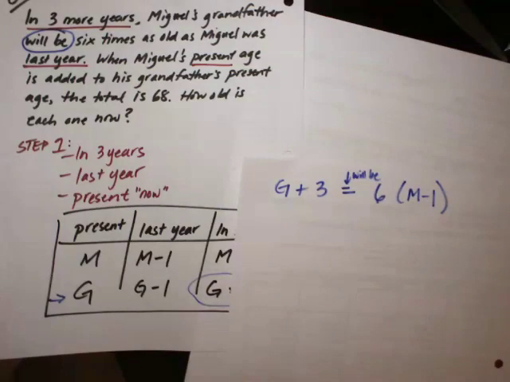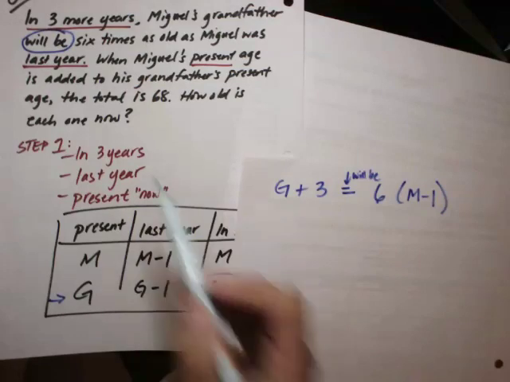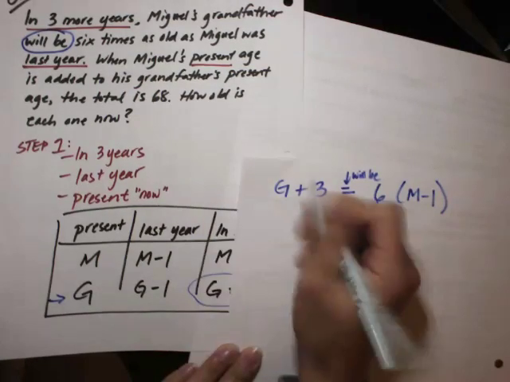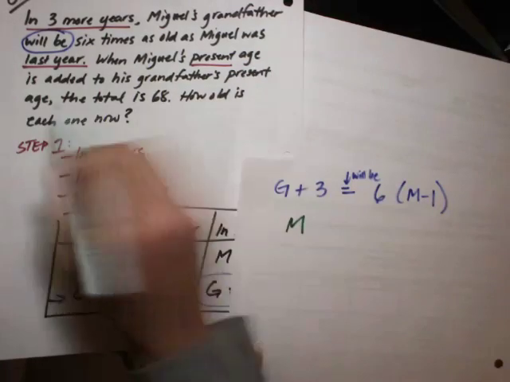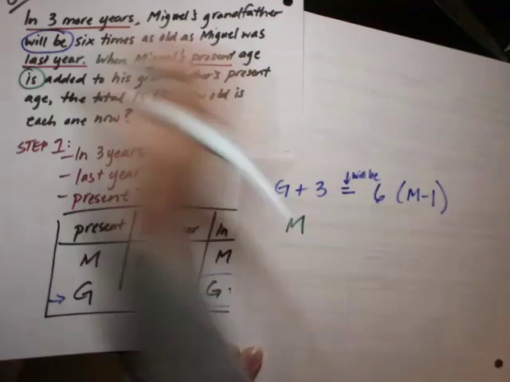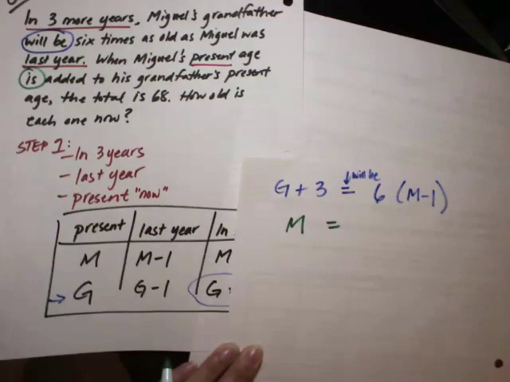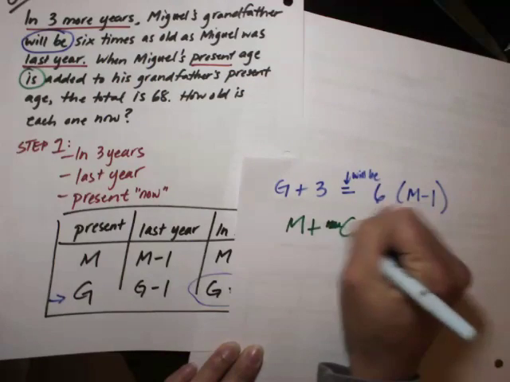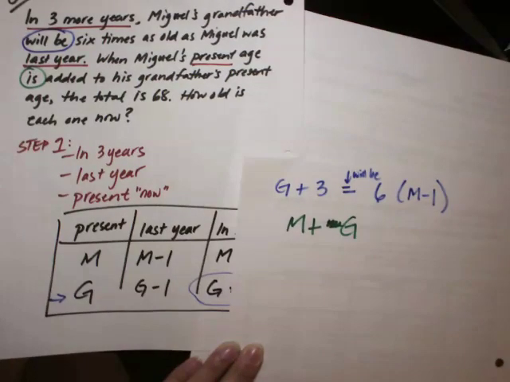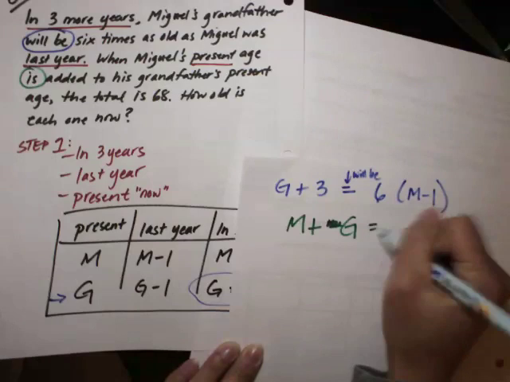Let's look at our second equation. When Miguel's present age, M, is added to his grandfather's present age, the total is 68.